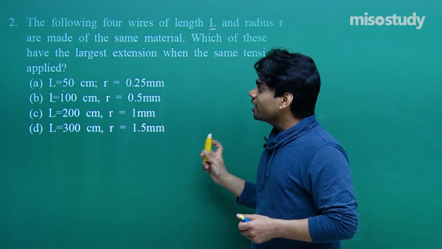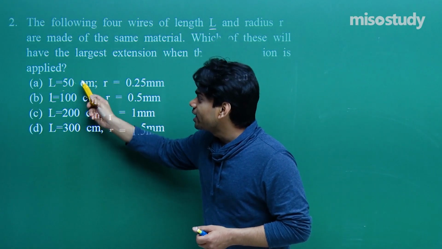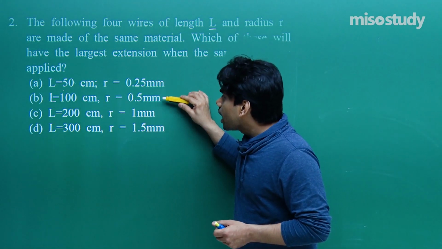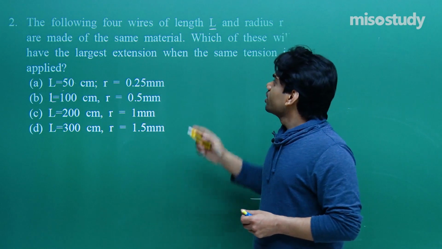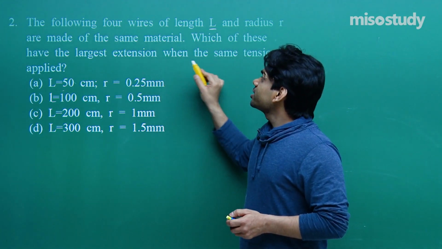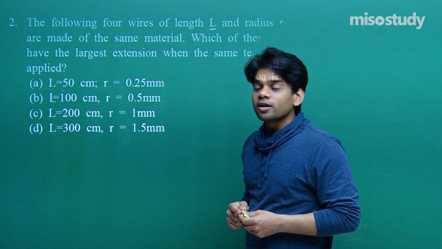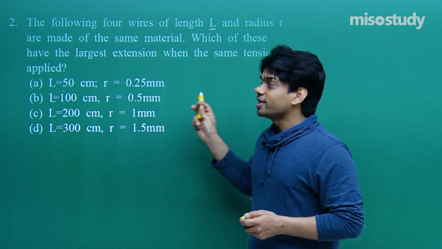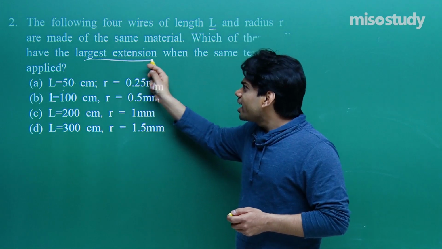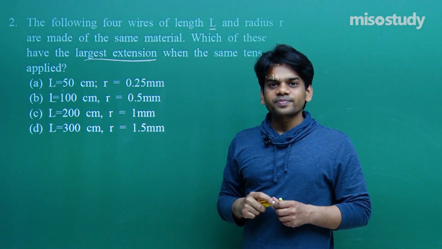You try to understand here that lengths are provided, the radii are also provided for each of the wires. Which of these will have the largest extension when the same tension is applied? We have to check which of these will have the largest extension. That is the delta L we need to identify.